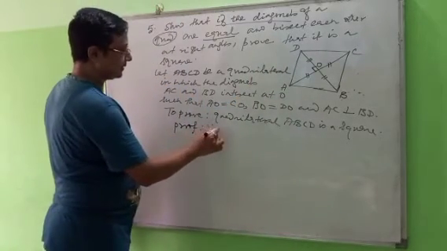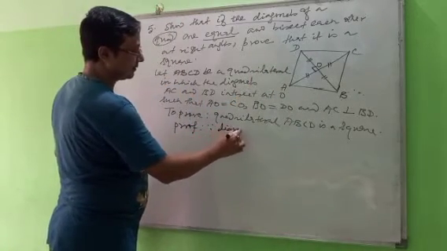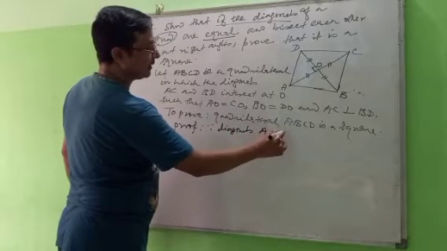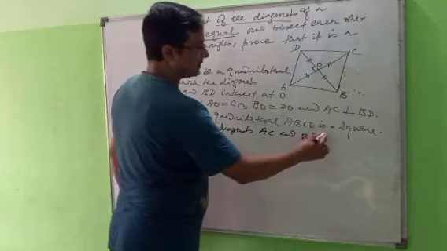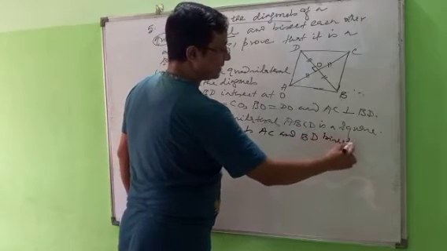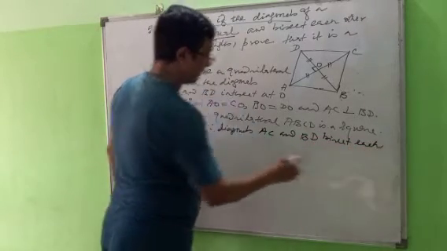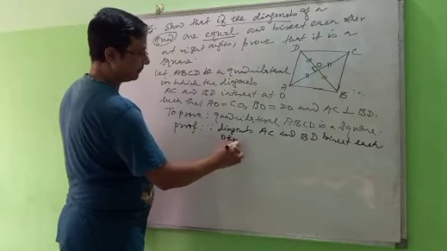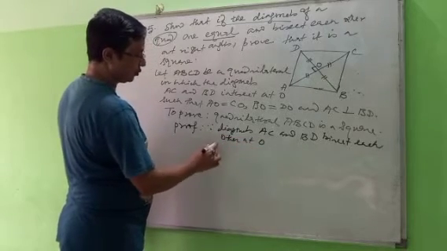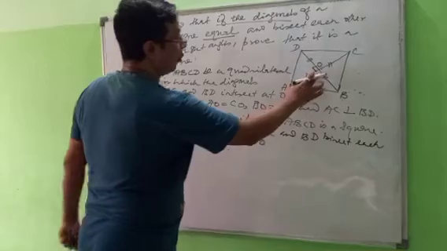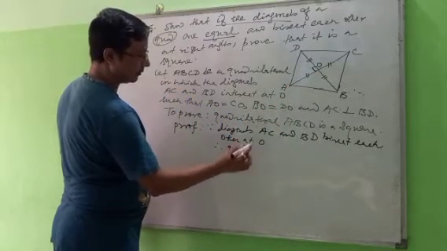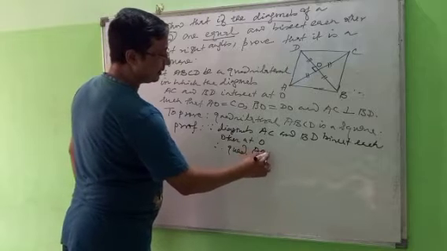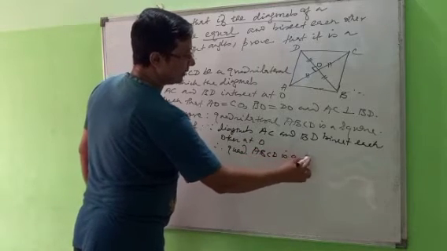So since diagonals AC and BD bisect each other at O, therefore quadrilateral ABCD is a parallelogram.